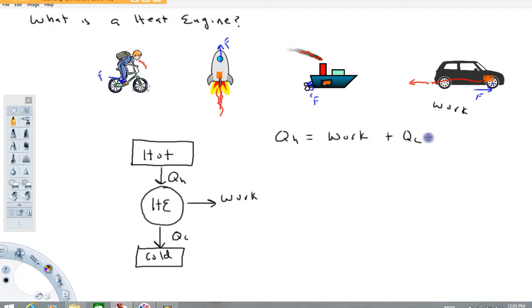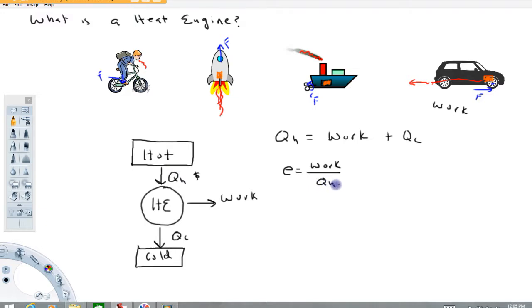Now, another equation we can write for the heat engine is to describe what's called its efficiency. Efficiency in general is your output over input, or energy output over energy input. In this example, what we're trying to get out of the heat engine is the work. And the energy input is the Q sub H. This is what we would have to pay for. This would have dollar signs attached to it.